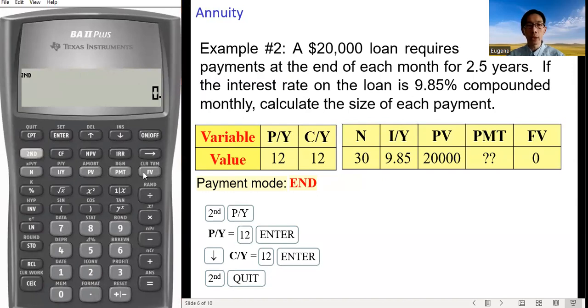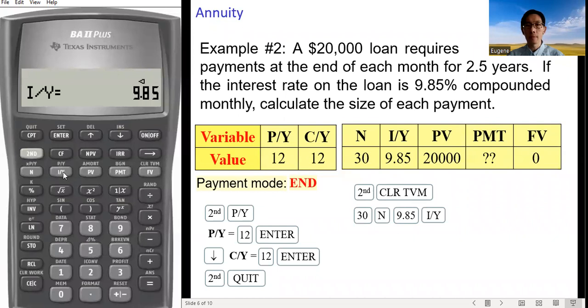Clear the memories of the TVM worksheet if necessary. The variable N, 30. IY, 9.85. PV, 20,000. And then FV, 0.